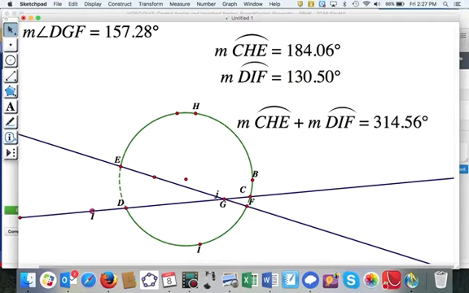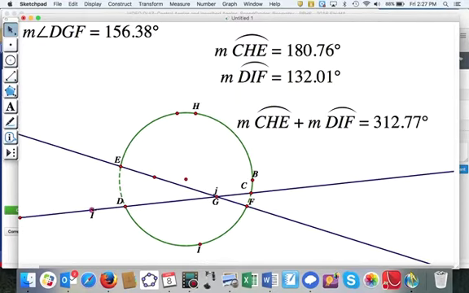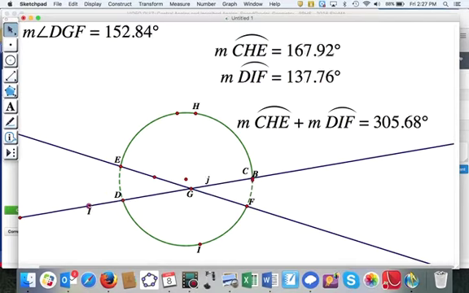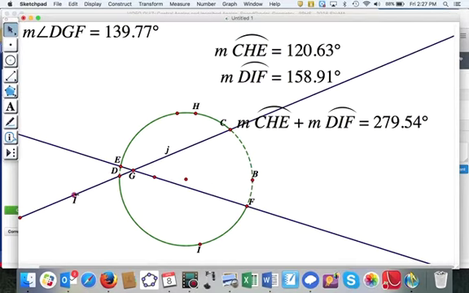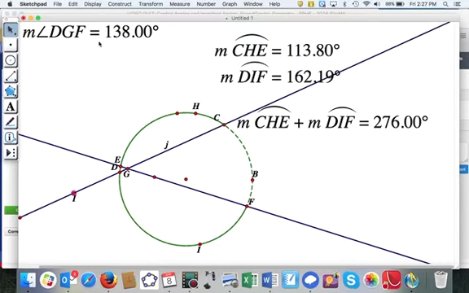So as I drag angle G around, notice how all of these measurements are changing, but how this angle is always half the sum of those two arcs. And you see on page 830 that it's asking us, can we make a conjecture about the relationship between the angle measures and the two arc measures?